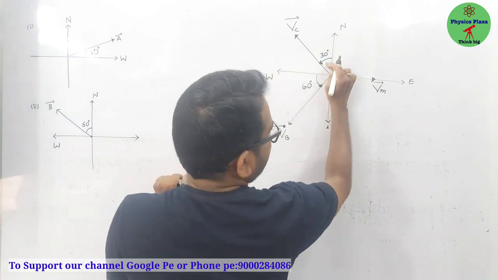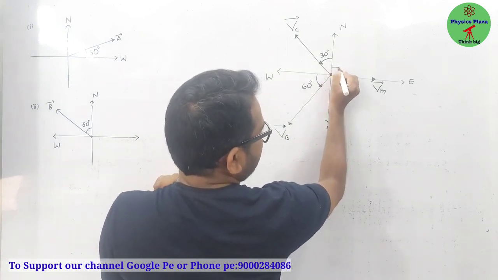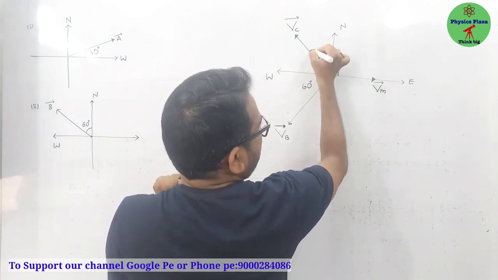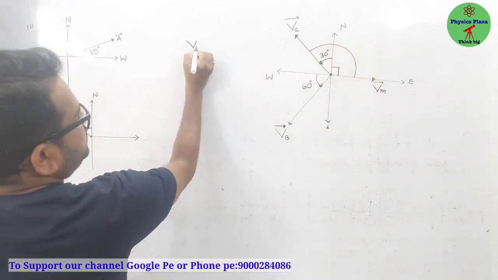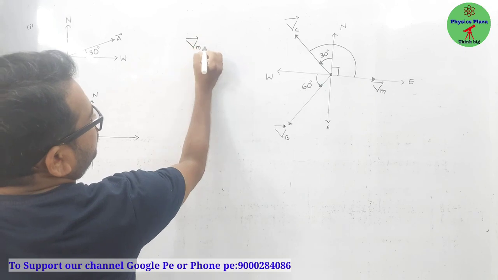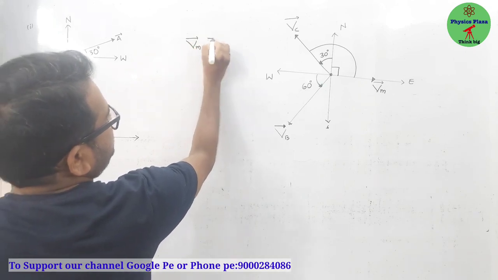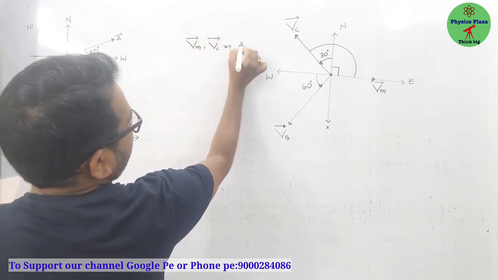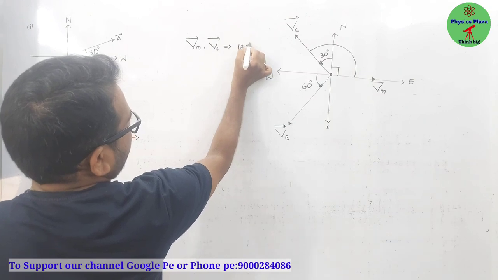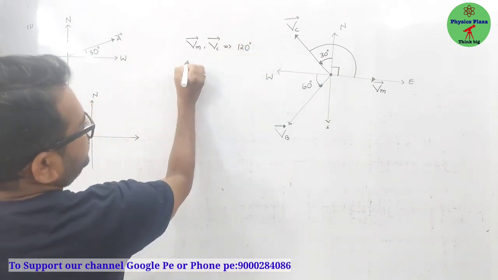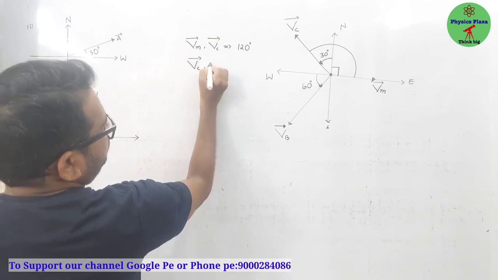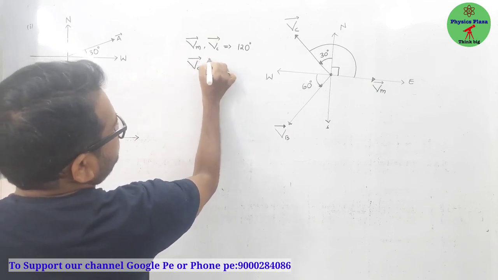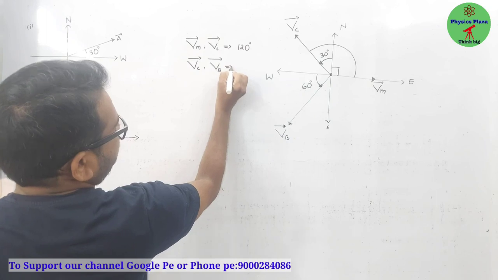This is 30 degrees and this is 90 degrees. So the angle between velocity of man and velocity of car is how much? 90 plus 30 is 120 degrees. Fine. Now what is the angle between the velocity of the car and the velocity of the bus?